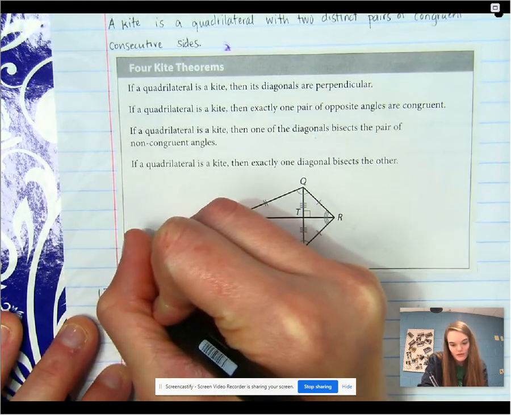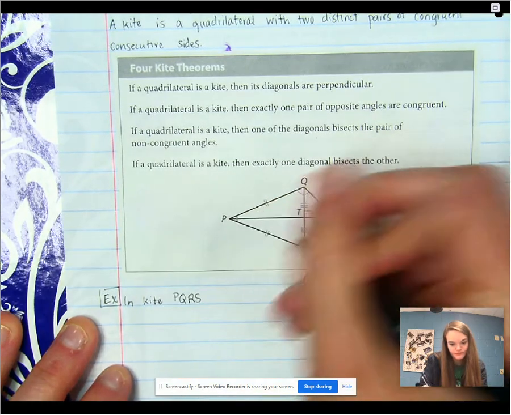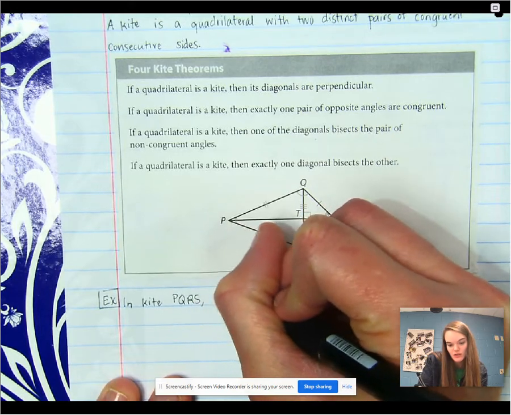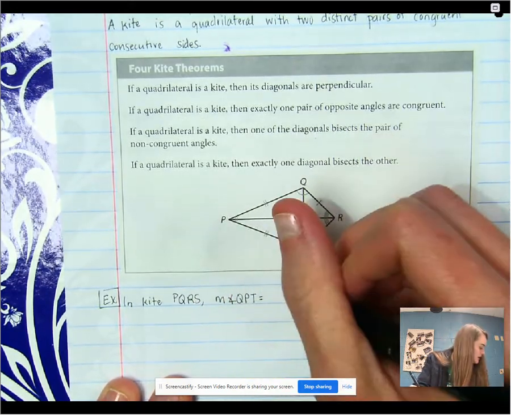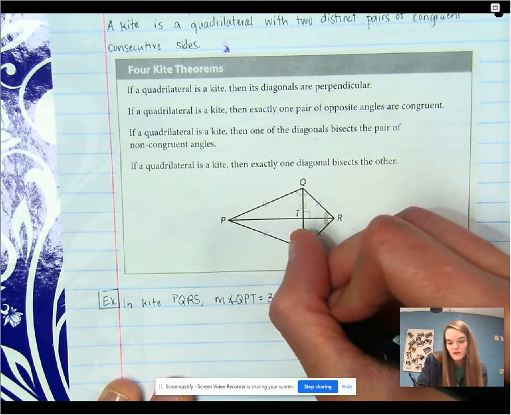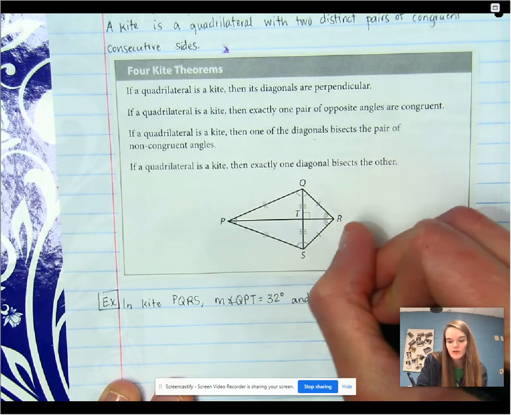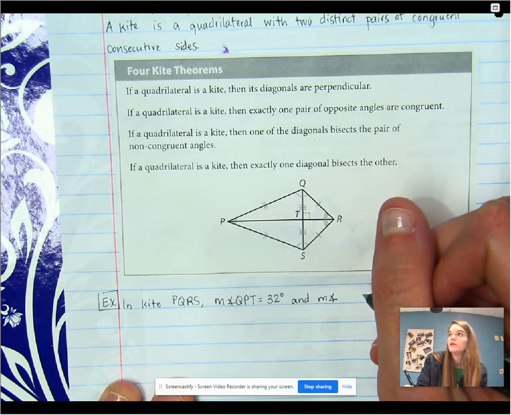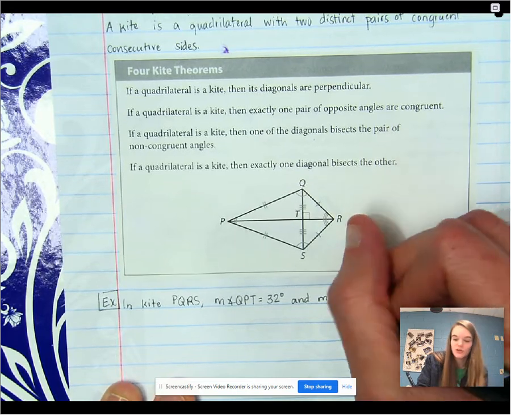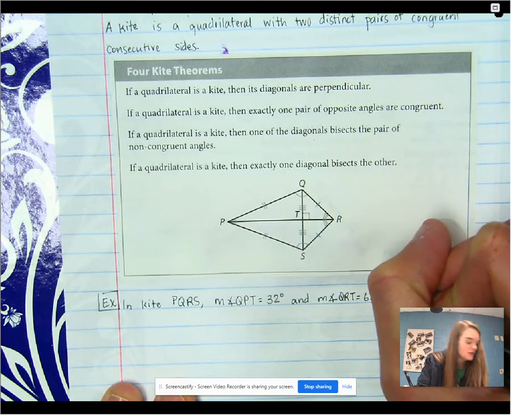In kite PQRS, talking about the one we have up here, the measure of angle QPT is equal to 32 degrees, and the measure of angle QRT equals 62 degrees.